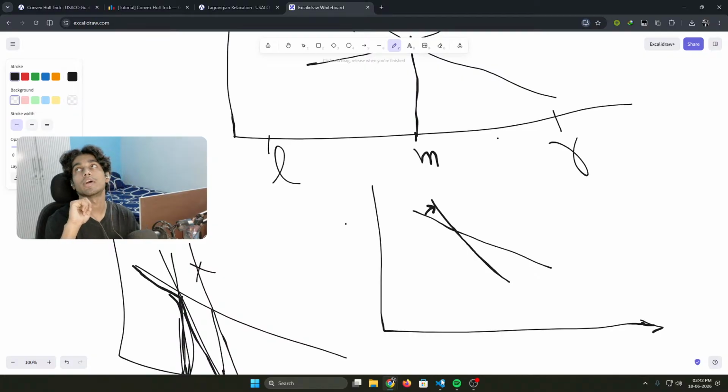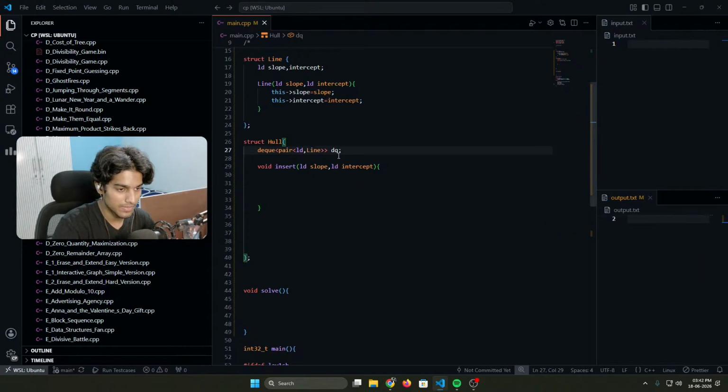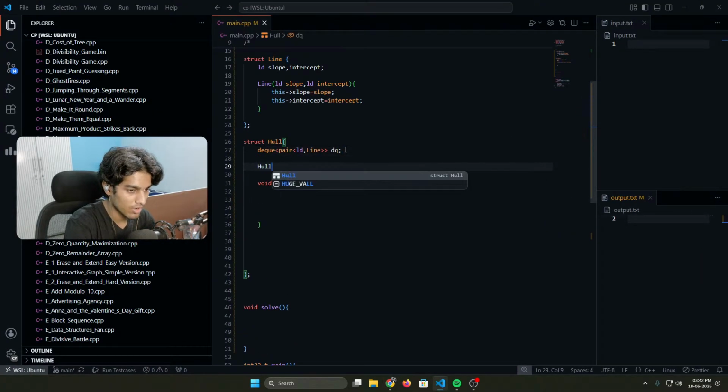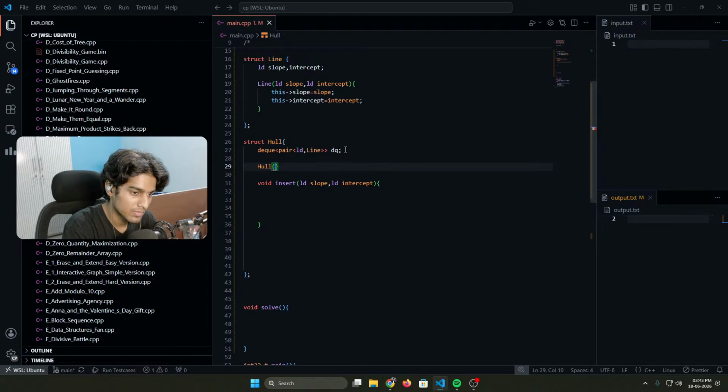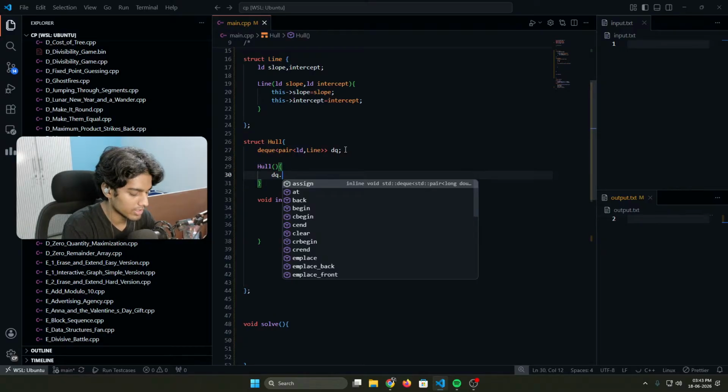I need an initial value and an initial line as well. So let's quickly create a constructor for hull. Okay. And so empty, and I'm going to dq.push.